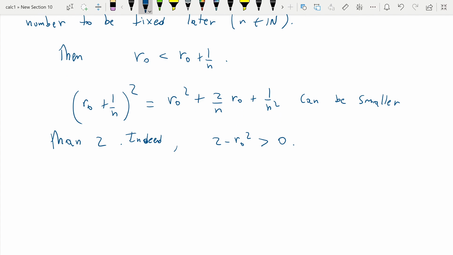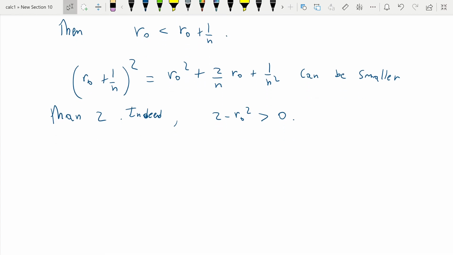And then this means that there is a rational number p less than 2 minus r naught squared, and that is at the same time greater than 0.